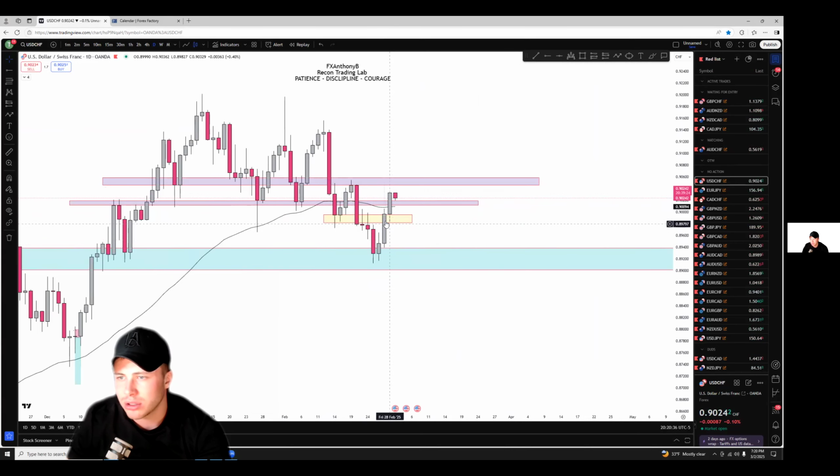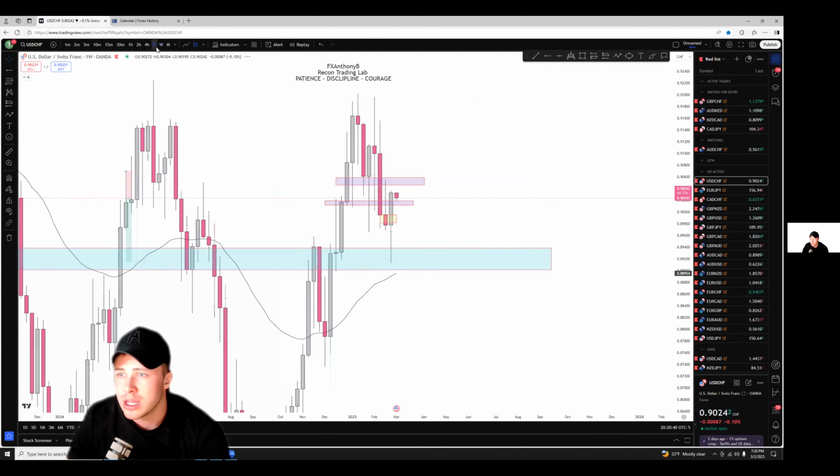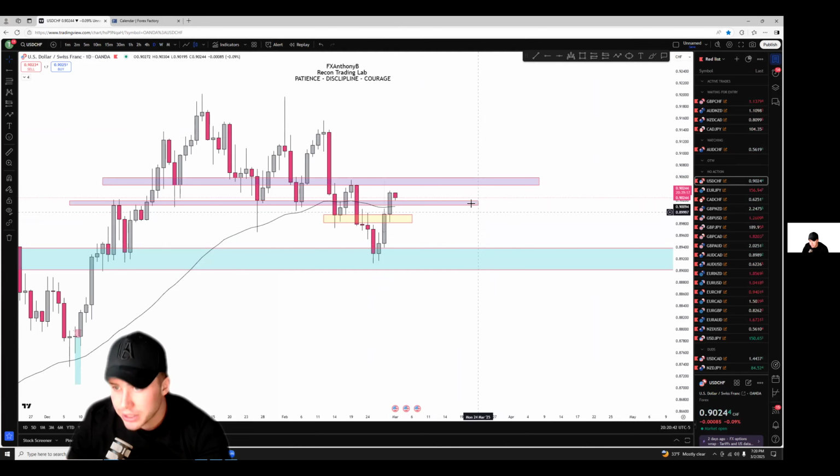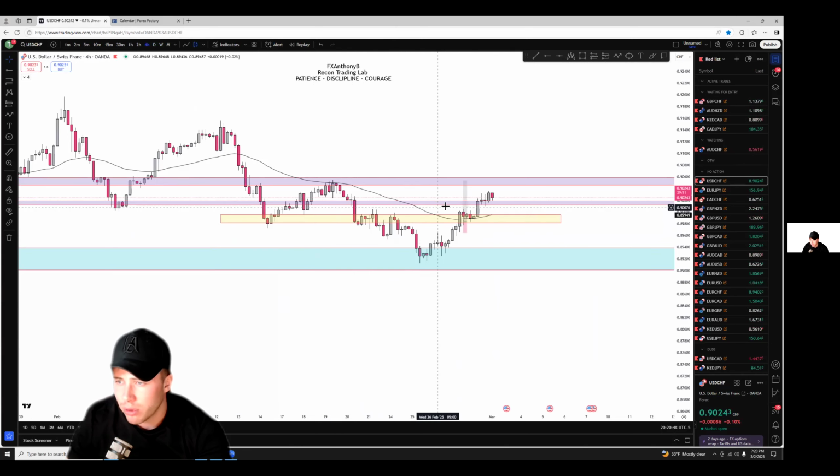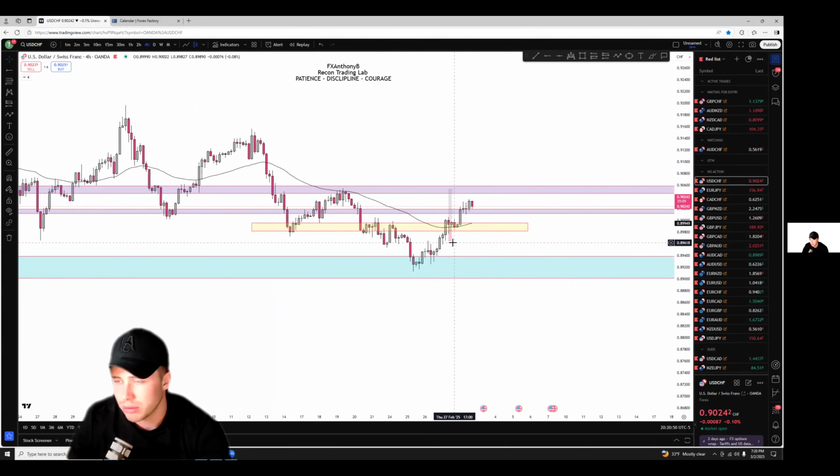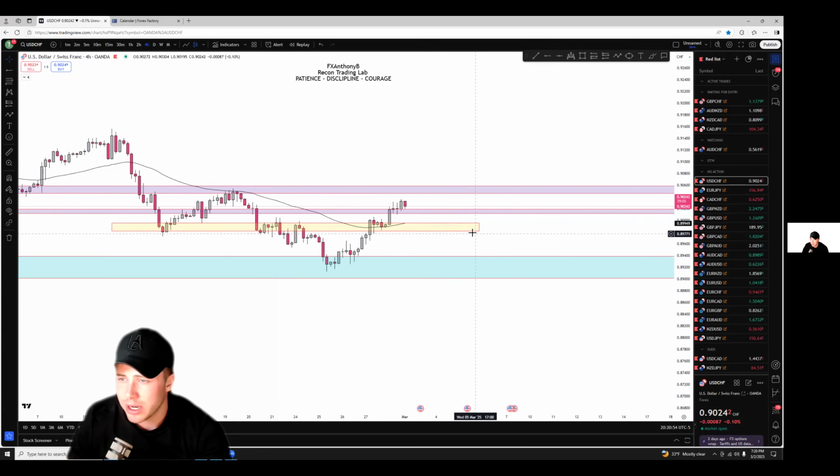Our daily is also bearish. Weekly was bullish, daily is bearish. We're almost above the daily here to give us bullish daily, and our 4 hour is also bullish. So bullish, bearish, bullish. We did not take that trade.